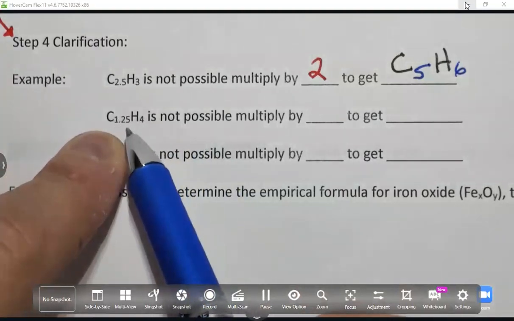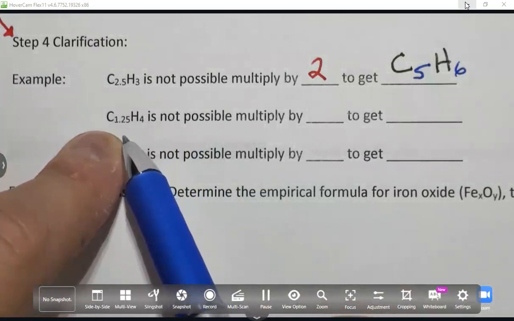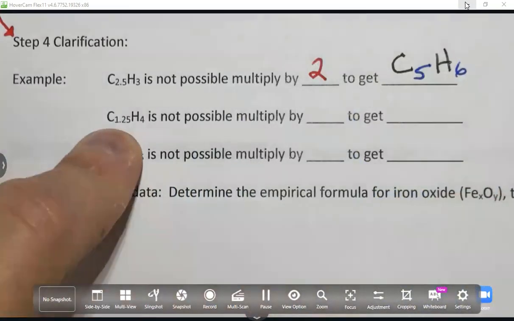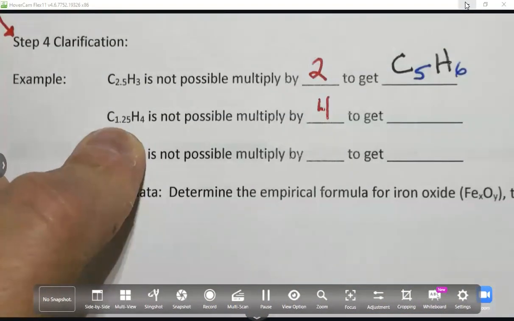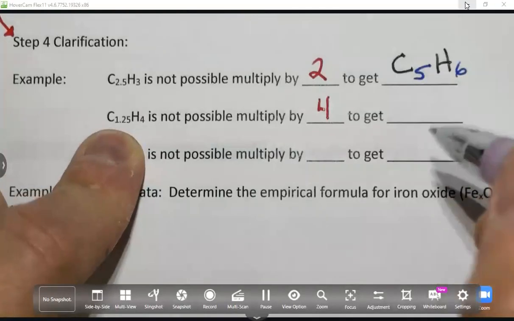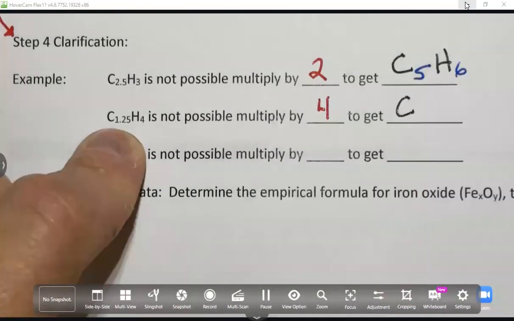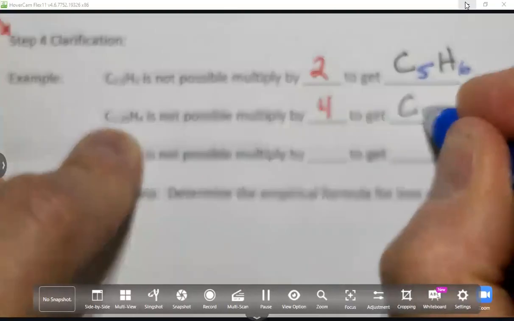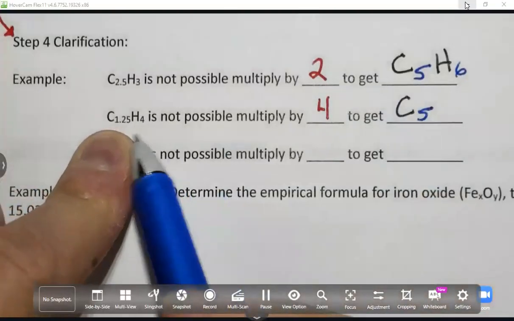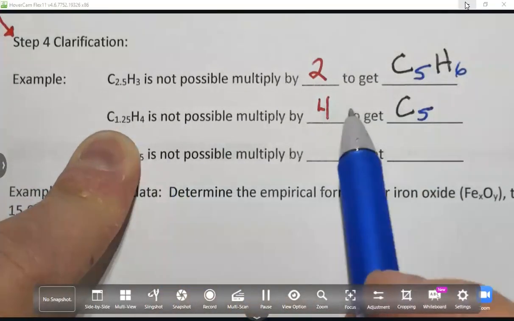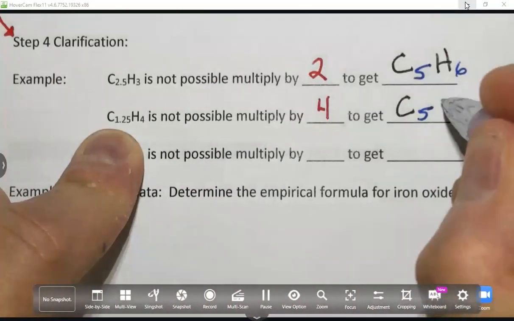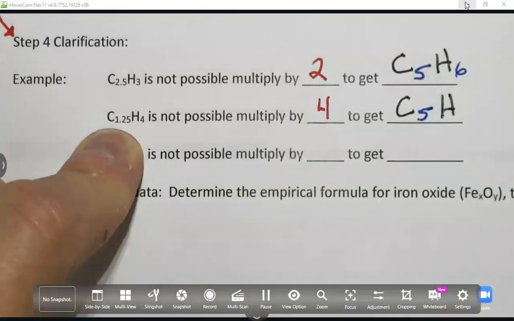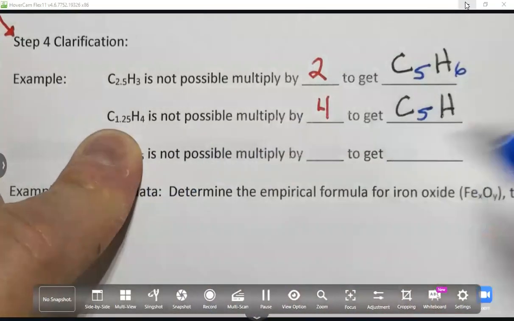So 1.25 would be 1 1/4, right? 1 1/4. So we're going to multiply by 4. And then we're going to end up with carbon 5 again, because 1 1/4 times 4 is 5. And then we're going to end up with hydrogen. We've got to multiply that by 4 now.